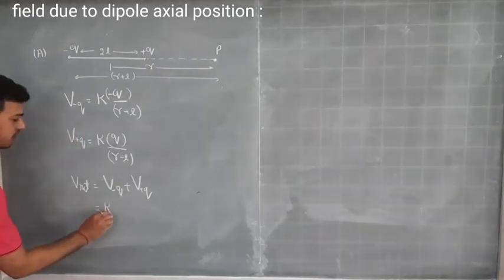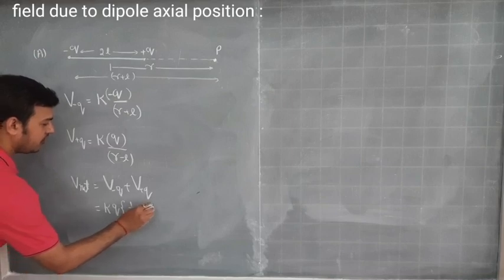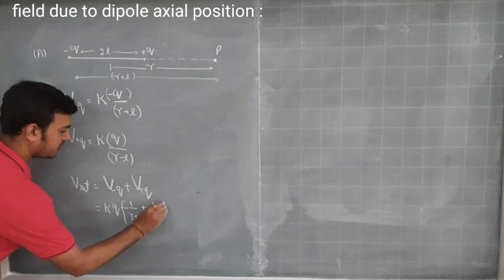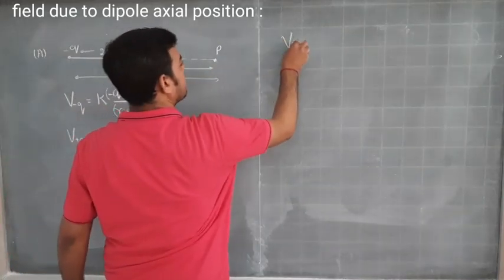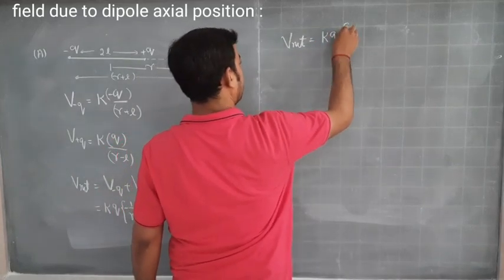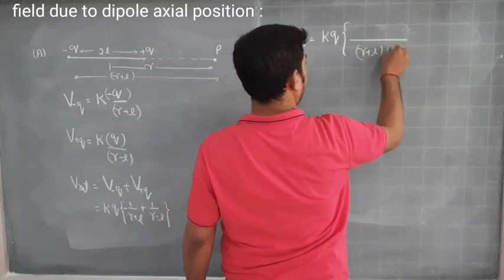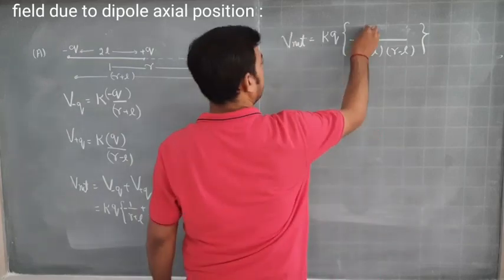So I will put the values here. You will get k times q [minus 1 by r plus l plus 1 by r minus l]. If you simplify it, you will get V net equals kq, with r plus l times r minus l in the denominator, and in the numerator you will get 2l.